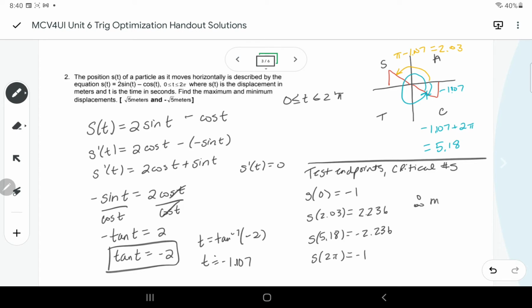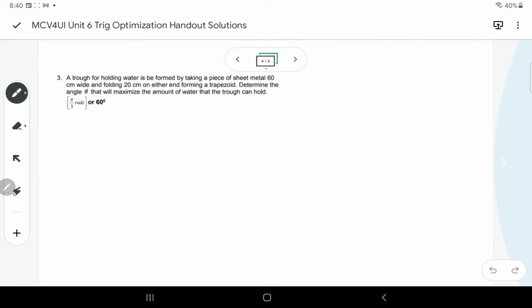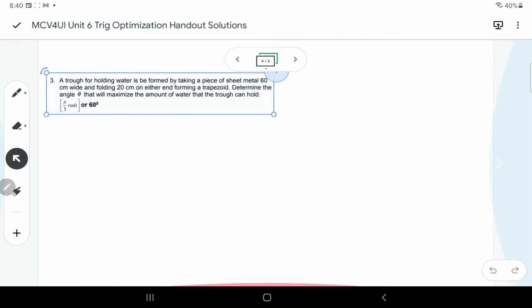So therefore the max in the positive direction is 2.236 at t equals 2.03. And we'd have a min of negative 2.236 at t equals 5.18.